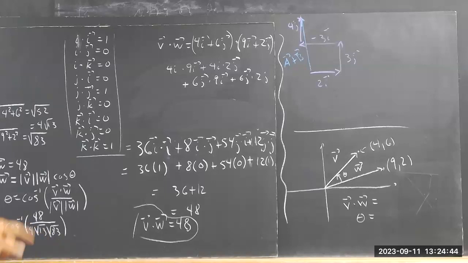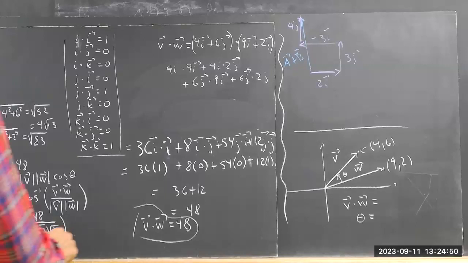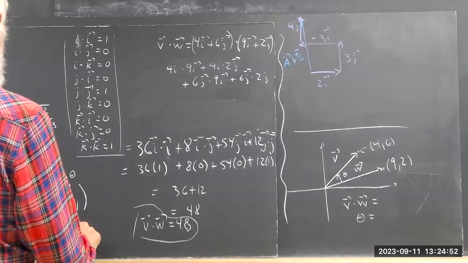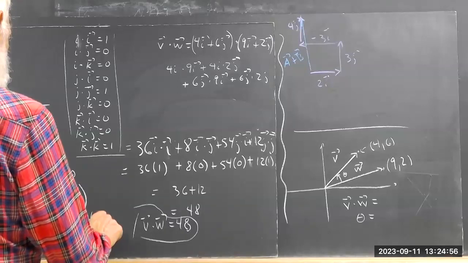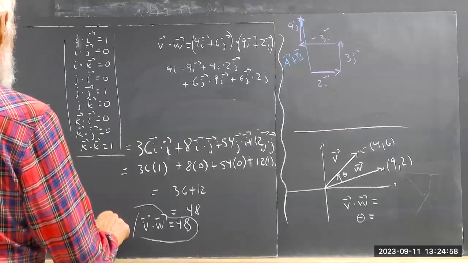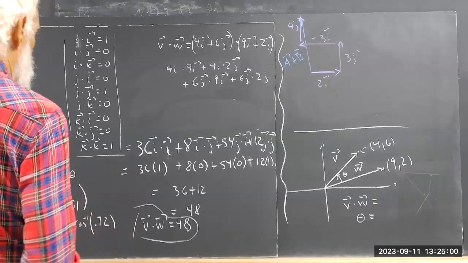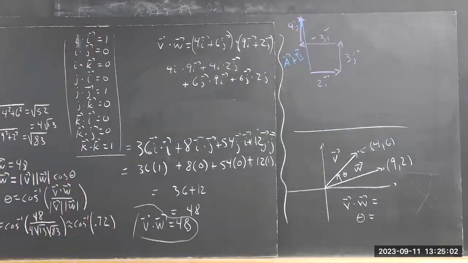That'd be 63. It's a little more than 63. 48 over 64 would be 3/4. So I'm going to say maybe the inverse cosine of 0.72. It's pretty close to 45 degrees.